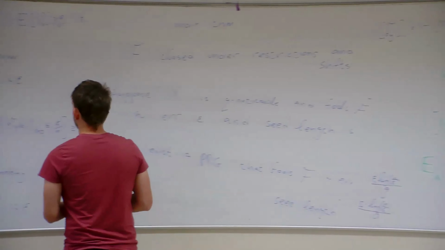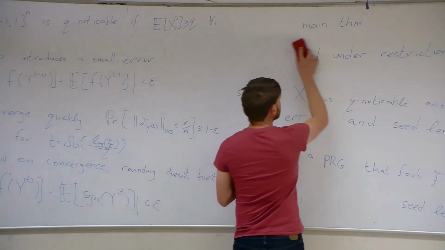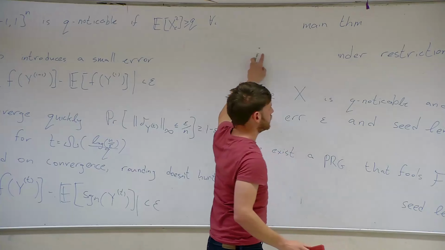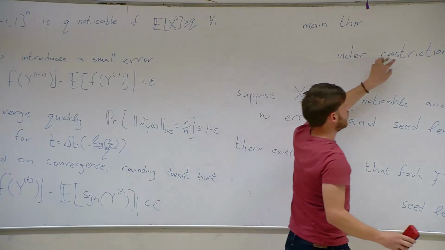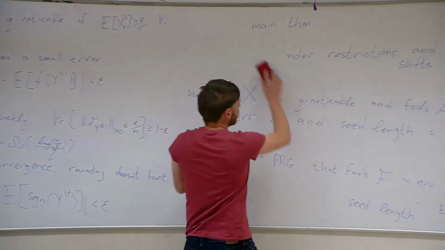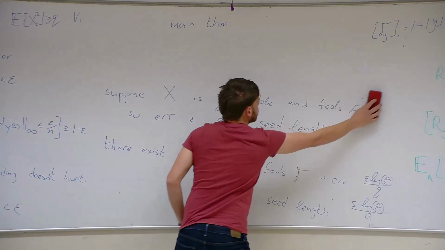Okay, why does this help us? I'm now erasing that f must be closed under restrictions, and now we are going to see why this is important.